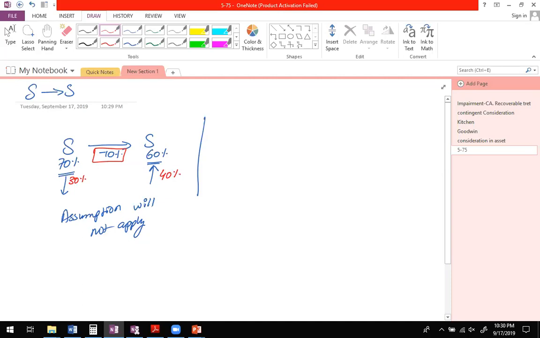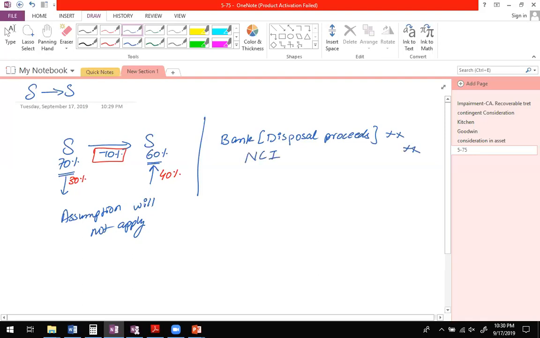So we are going to make an entry as the bank debit by the disposal proceeds of the 10% shares, and we are going to credit the NCI because the NCI is increasing from 30% to 40%. So we should be crediting the NCI by how much?